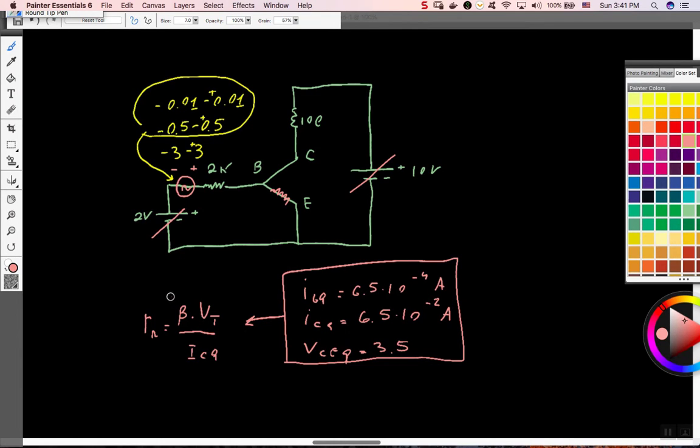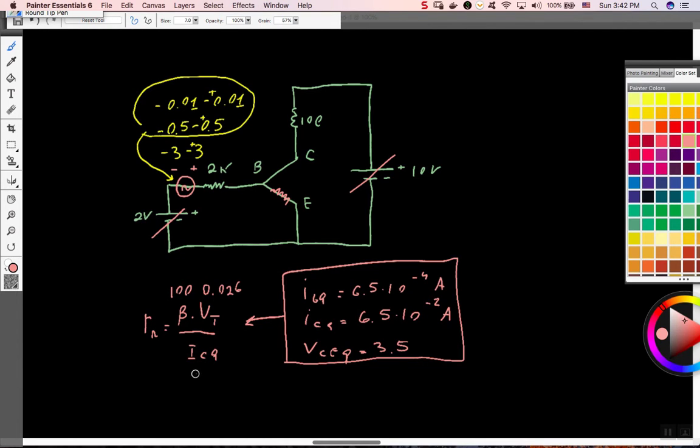So beta for a typical transistor we saw is 100 most of the time. Vt is a kind of complicated constant from solid state physics, which I don't understand anything about, but I just note that at room temperature it's usually 0.026, so you can use that as an approximate constant.